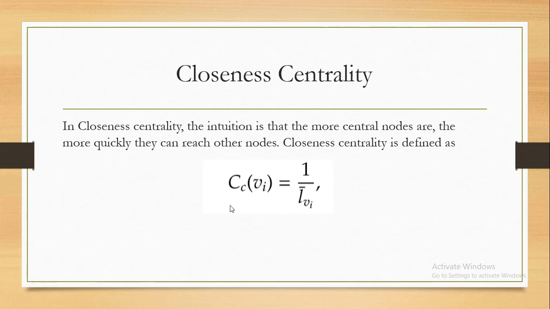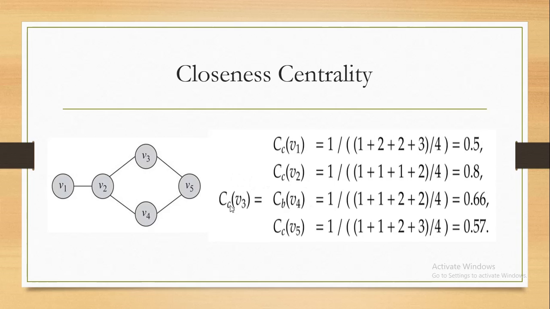So let us clarify this with a simple example. We are considering the same graph with 5 nodes, that is V1, V2, V3, V4 and V5. To find the closeness centrality of node V1, we find the distance of V1 from all the remaining nodes.